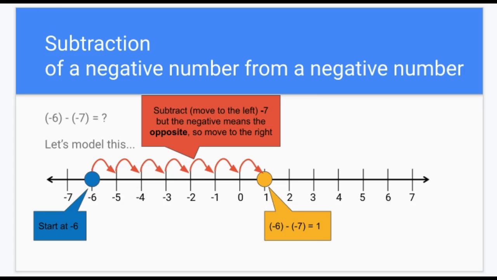Okay, so looking at this expression now, we have negative 6 minus a negative 7. Same thing that we just mentioned a second ago. This would actually become a plus. So that would be negative 6 plus 7 now. Just like we said, we're going to be adding, right?